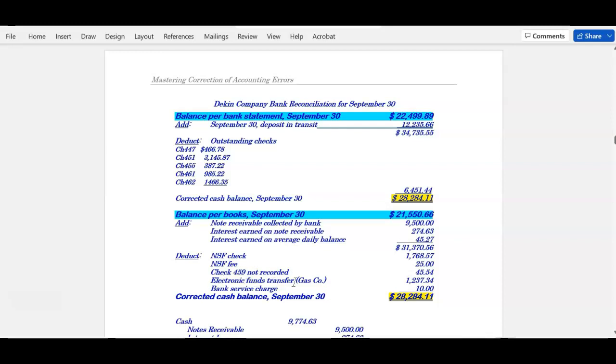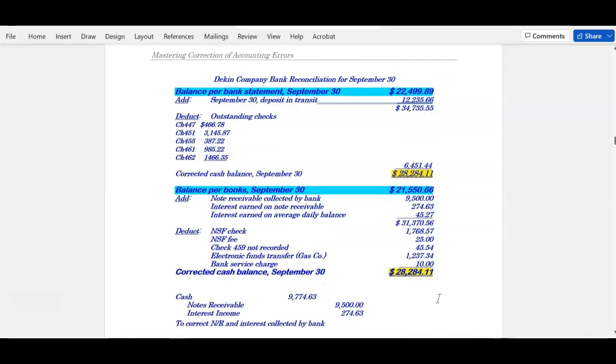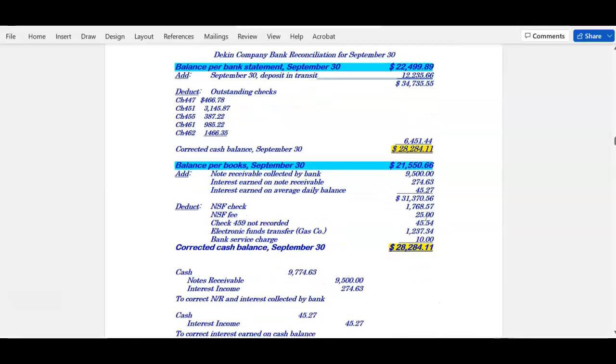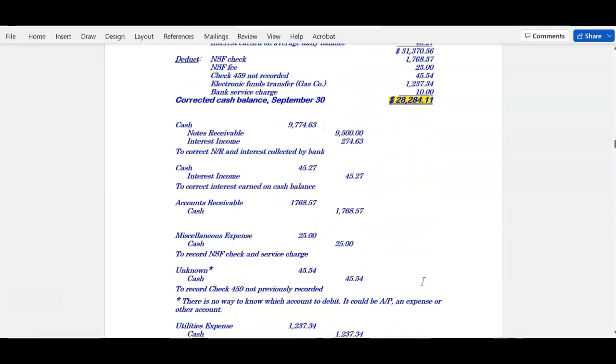Any electronic fund transfer, automatic deduction from your account normally happens every month. You have to deduct those and do the journal entries. Bank service fee, again, you have to deduct that and do the journal entry. So after deducting those, you get to the exact same number as your bank statement. Now, whatever happens in here, you have to do journal entry for it.